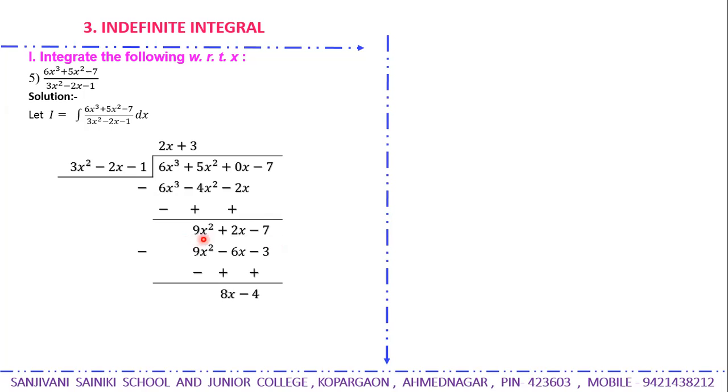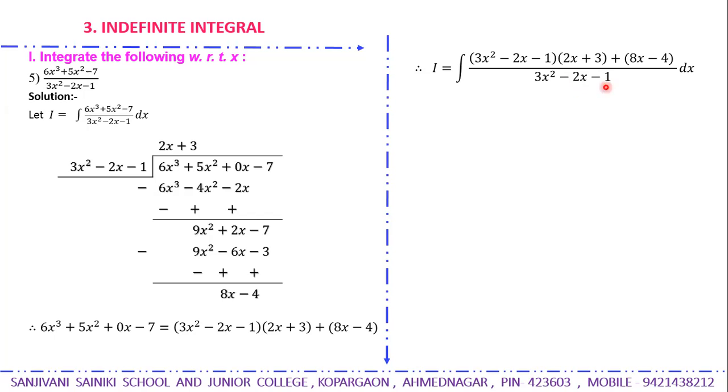Now here is 9x square, and here is 3x square, so only 3, so plus 3. Then multiply this by plus 3, you will get this equation. Take their subtraction again. So after taking the subtraction, you will get 8x minus 4. So we can write this numerator using this quotient, dividend and remainder: 3x square minus 2x minus 1 into 2x plus 3 plus 8x minus 4.